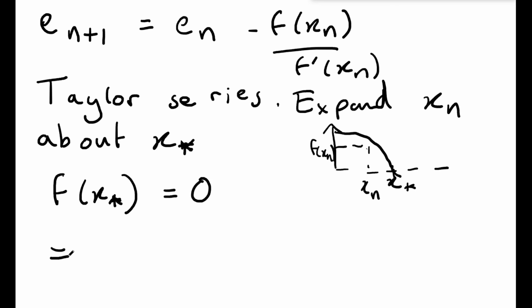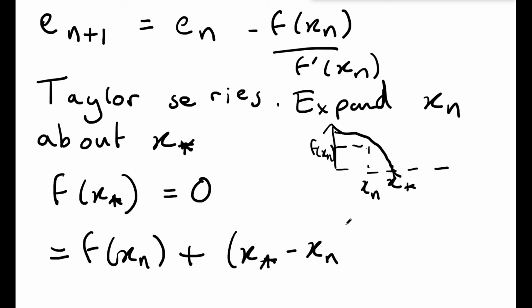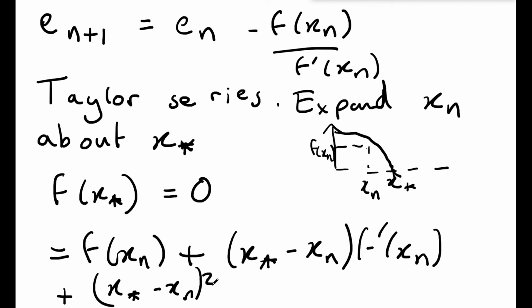But we also know the Taylor expansion. If we start with f of x of n and extrapolate using Taylor, we get the difference between x star and x n times f prime of x of n, and then the next bit, which is x star minus x n, squared, on 2, times f double prime of x of n.